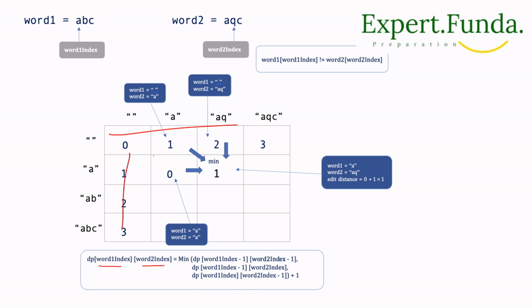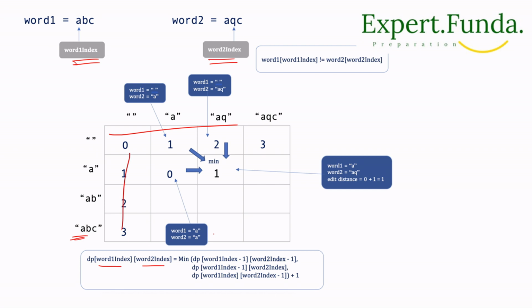Let's suppose we are coming to this position. If this is our dp index, and here dp index 2 we have, there is A, and another is Q. A and Q. Let's suppose we have A here.